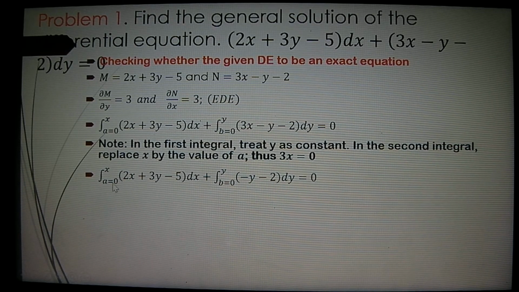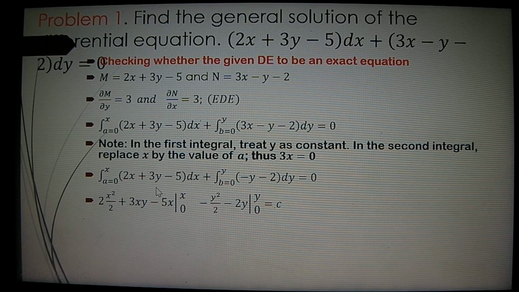So integration of 2x, it becomes, integral of x is x squared over 2, plus 3. Since y is constant, meaning you have to get the integral of x. So you have 3xy. The integral of dx is x, so it equals 3xy.